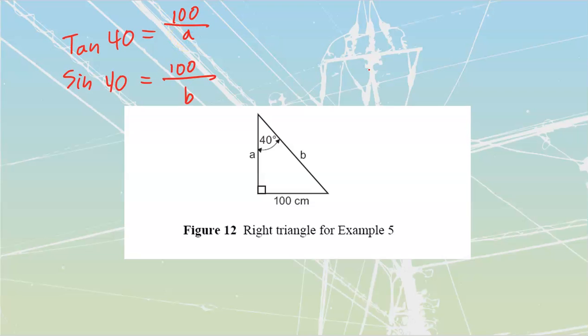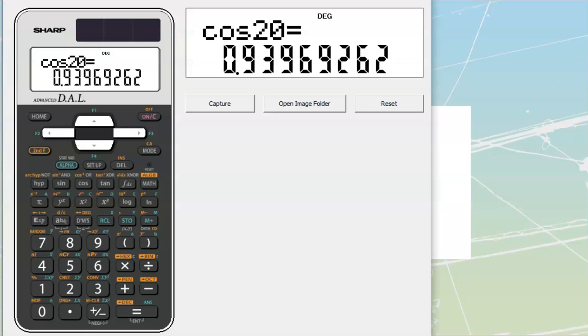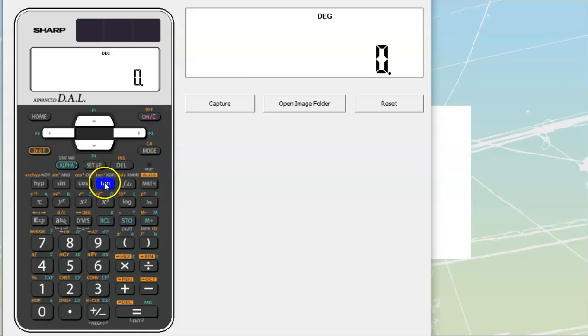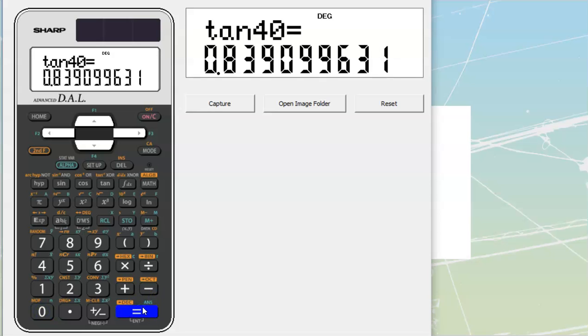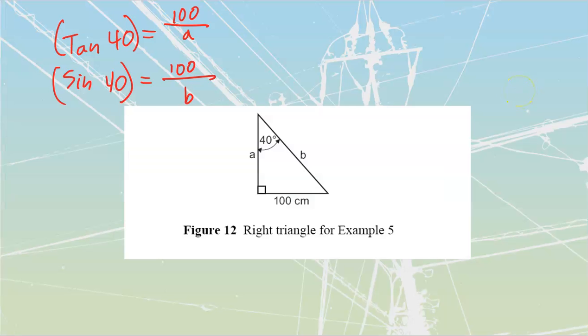Once again, we can take tan 40, sine 40, convert them down into decimals, and then we would be able to do that conversion. So let's just do that. Let's start with our tangent of 40. Tan 40 equals 0.839. So I know that I can substitute in a 0.839 into there.